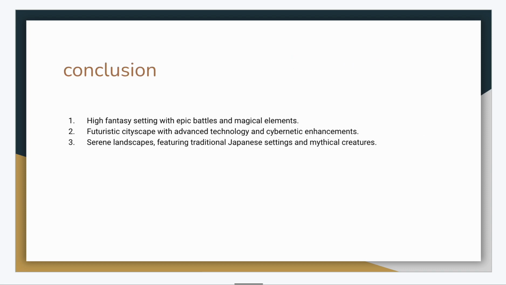And of course, for the dataset itself, we can conclude that high fantasy settings with epic battles and magical elements would probably rank the highest. After that, the second tier is more futuristic cityscapes with advanced technology and cybernetic enhancement.